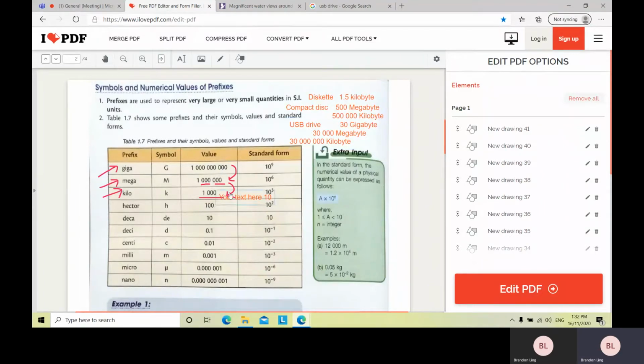This is some of the conversion that we use to convert giga to mega and also to kilo. Of course, we have smaller units like deci, centi, and milli. We know that 1 meter is equivalent to 100 cm.